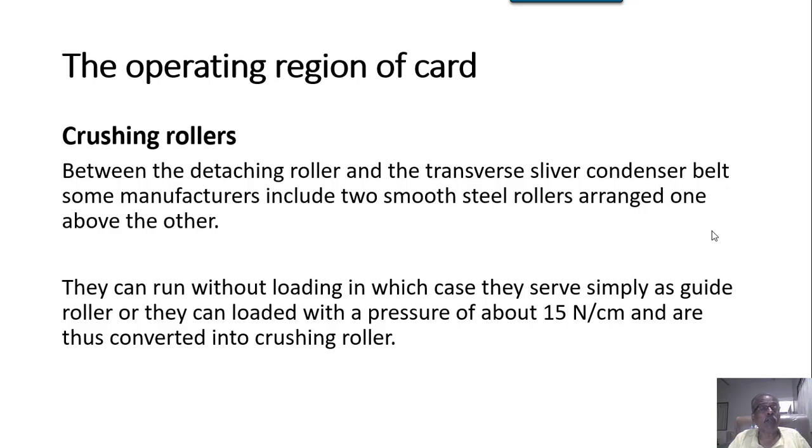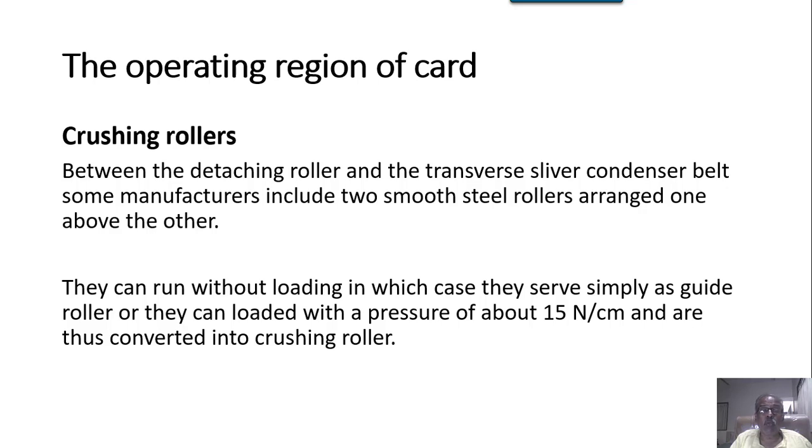This is discussing the crushing rollers. Between the detaching roller and the transverse sliver condenser belt, some manufacturers include two smooth steel rollers, number 2 as we had seen in the earlier diagram, arranged one above the other.